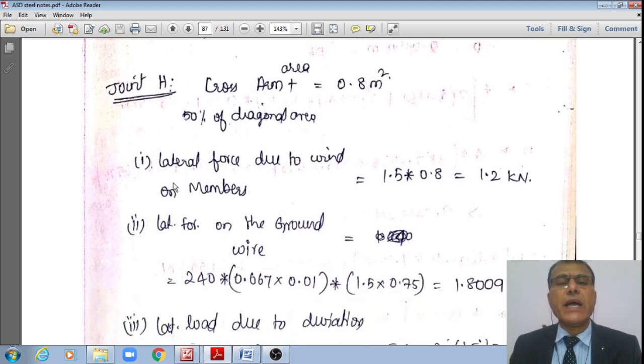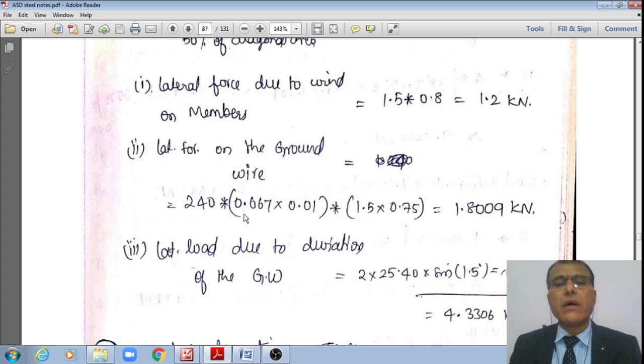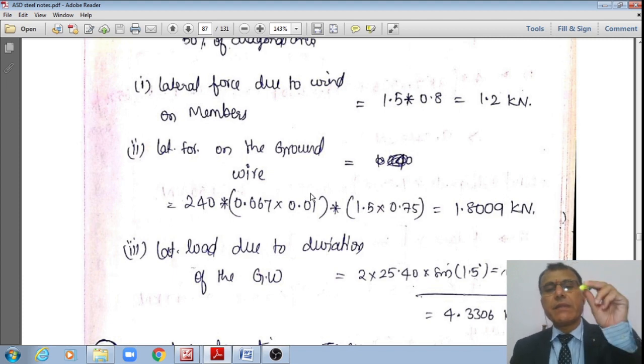And for this area, the lateral force due to wind on the members is equal to 1.5 multiplied by 0.8, say around 1.2 kilonewton. The lateral force on the ground wire is equal to 240, the length of the ground wire, multiplied by 0.067, the intensity from the ground wire data, 6.7 Newton per meter, with a diameter of 10 centimeter.